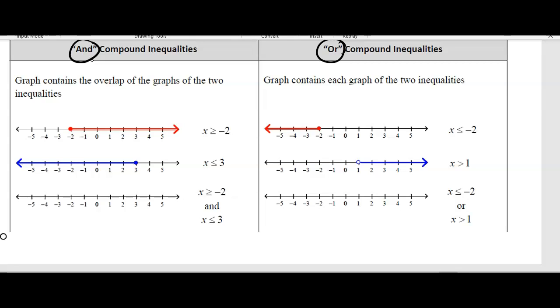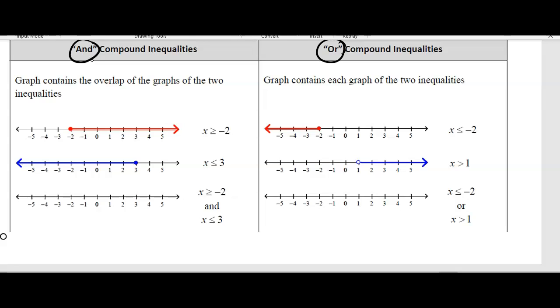So an and inequality is going to combine certain things and make it so that both parts have to be true. So in this case, they're saying that the solution needs to be greater than or equal to negative 2. That's what they have graphed here. And then it also has to be less than or equal to 3.